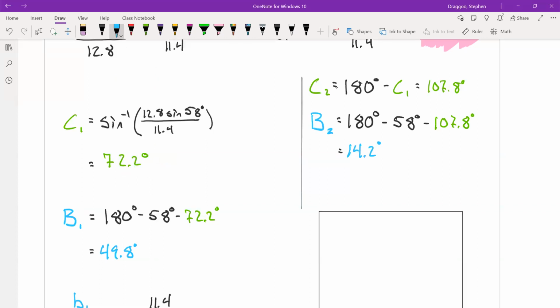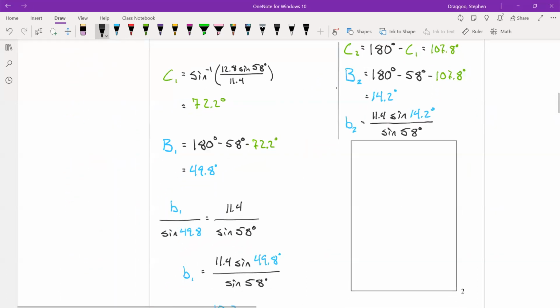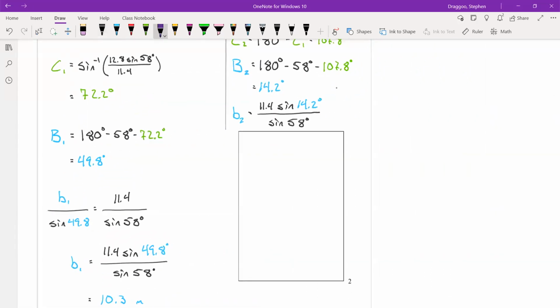And the only thing left is to get side B2. And side B2 is going to look like this. Let me scooch it down a little. 11.4 times the sine of 14.2 degrees over the sine of 58 degrees. Because I'm going to be grabbing that equation from right here.